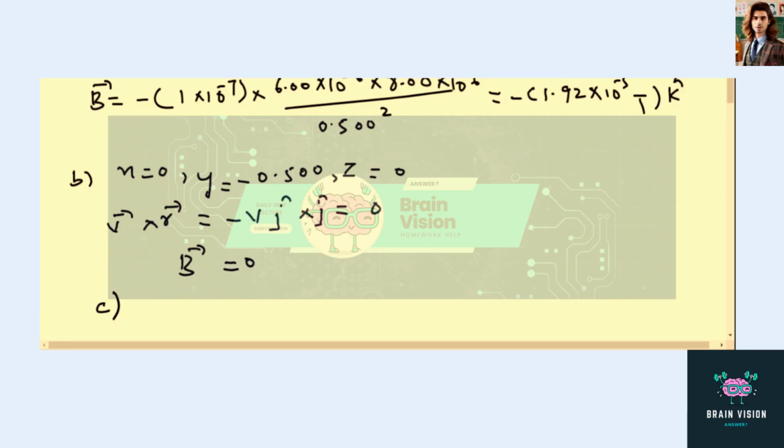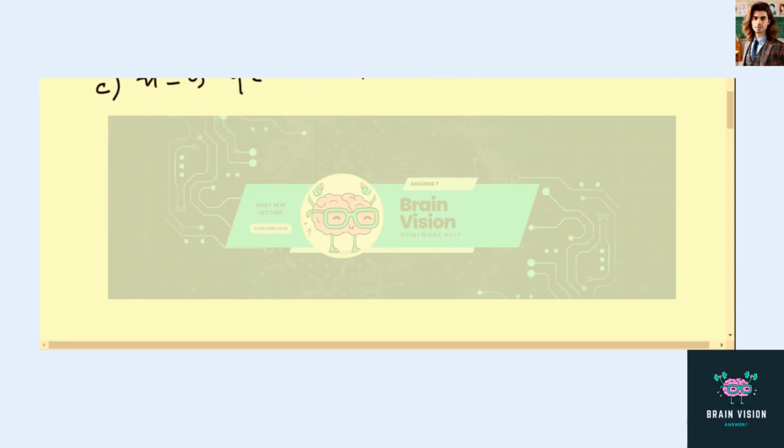Now let's do part C. Now the points are x is equal to 0, y is equal to 0, and z is equal to plus 0.500. Now we have v cross r. v cross r is equal to minus v times j cross k cap, and that is equal to v times r times i cap.